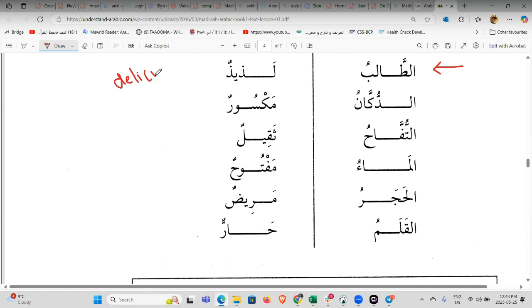I hope I can spell this correctly. Delicious. Maksur, broken. Thaqil, heavy. Maftuh, open. Marid, sick.